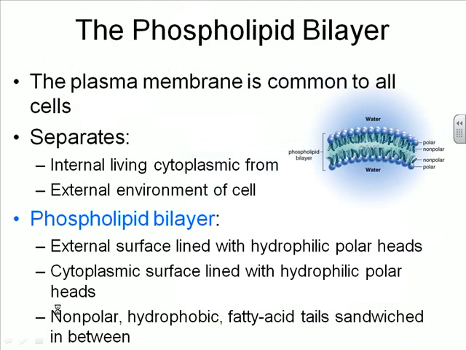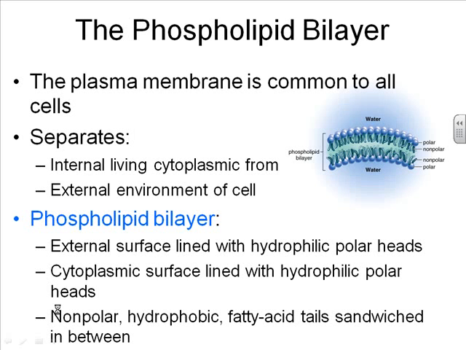If we look at the phospholipid bilayer in a little more detail, the plasma membrane is common to every cell. If you're a cell of any organism that's living, you have a phospholipid bilayer. It has two jobs. It's going to separate the internal living cytoplasm from the external environment of the cell.